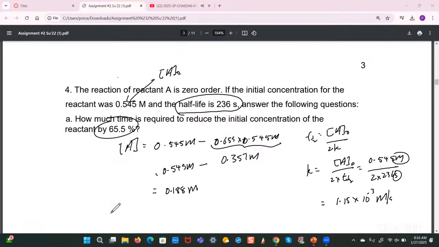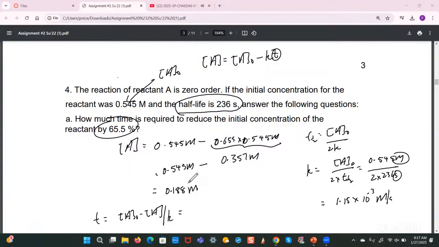So to get T, well, the equation for A is equal to the initial concentration minus KT. That's what we just saw, right? The aim is to find T. So T would be equal to the initial concentration of A minus concentration of A over the K that we just found.